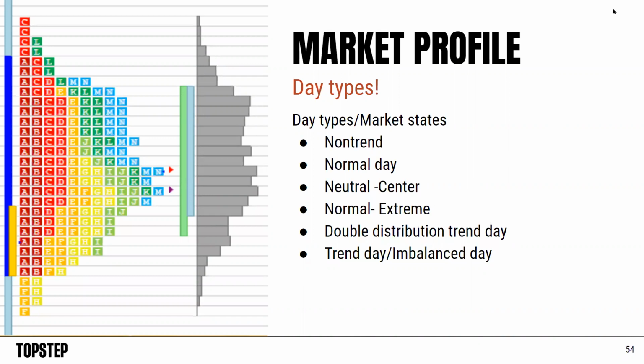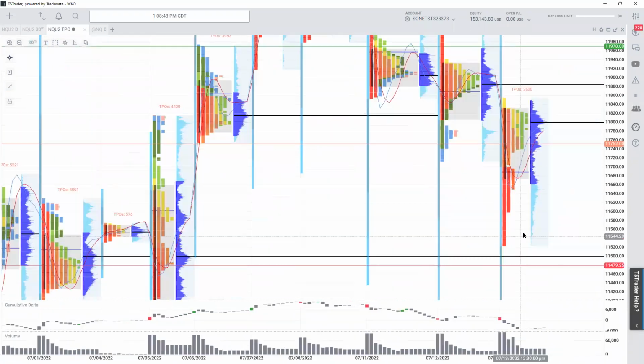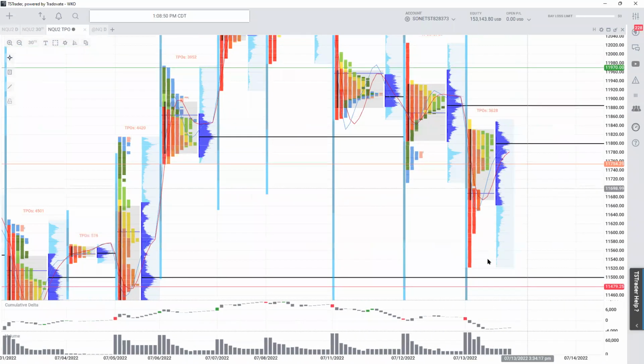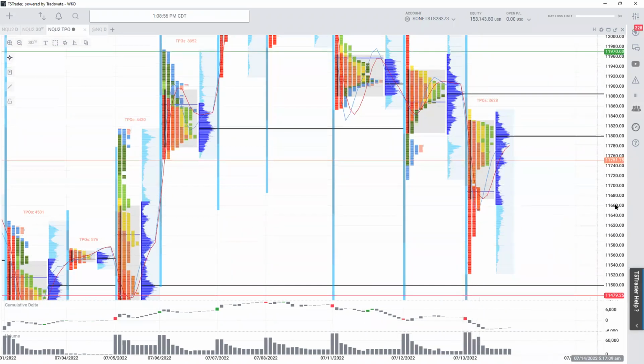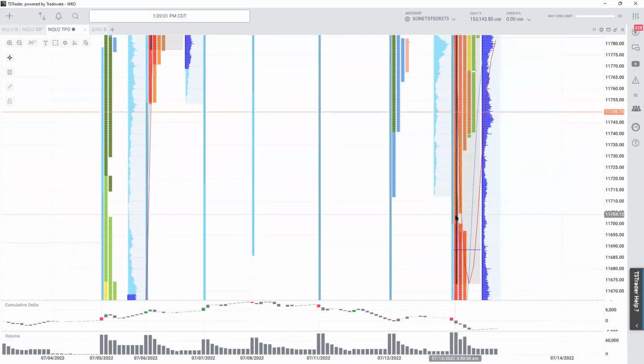The double distribution trend day, I'm sure we can find one of those. Well, we sort of have one today. The market opens and balances in a specific area. Then there is a change where we leave excess right here.